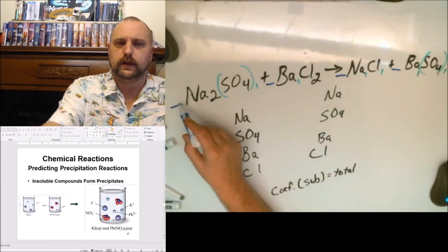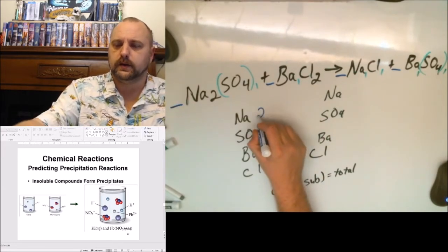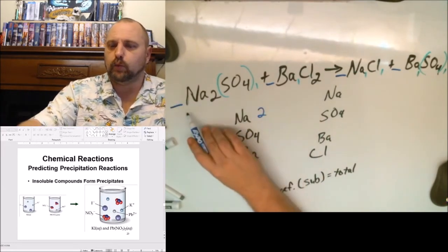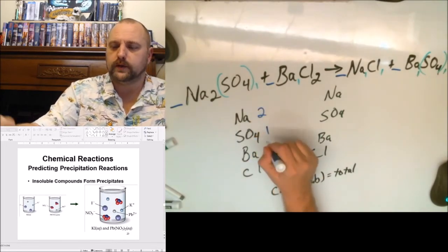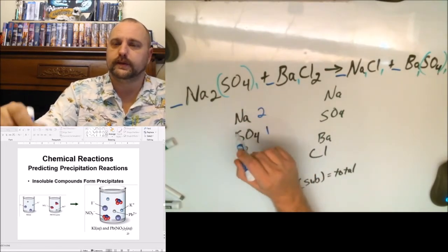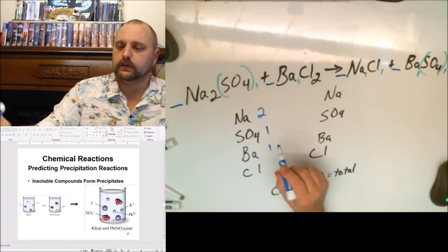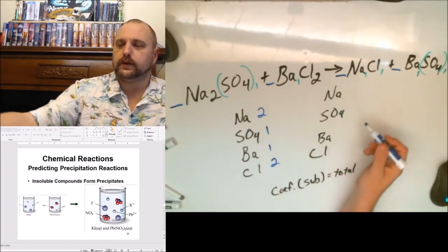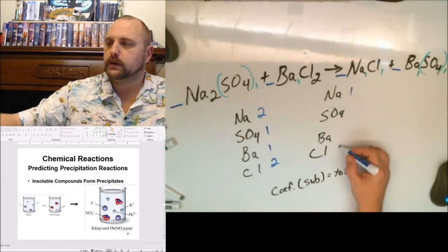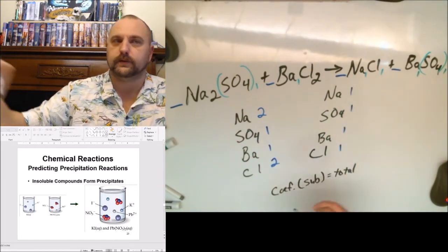Alright, so 1 times 2 gives me 2 sodiums. 1 times 1 is 1 sulfate. So that 4 can be misleading. It's part of the piece. I only have one of those pieces. 1 barium and 2 chlorines. On this side, 1 and 1, 1 barium, 1 sulfate.